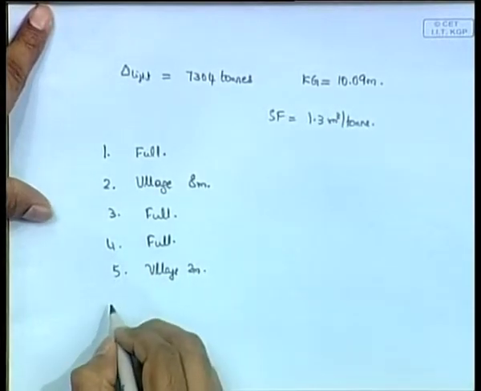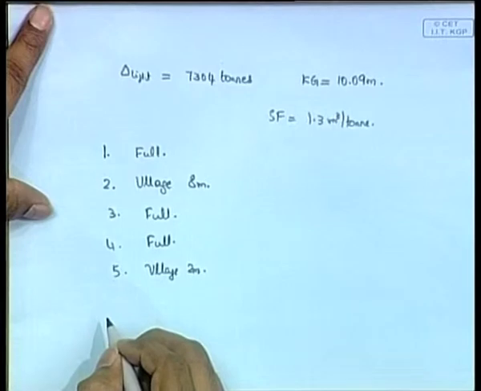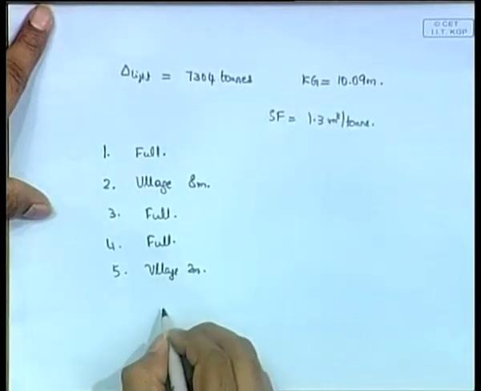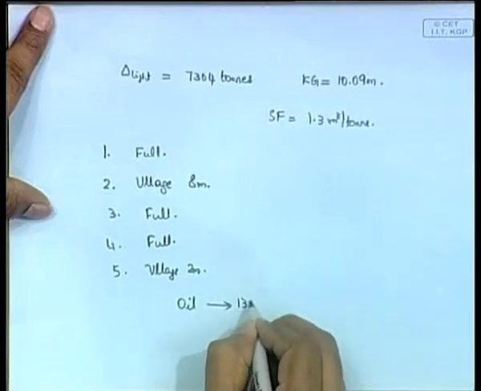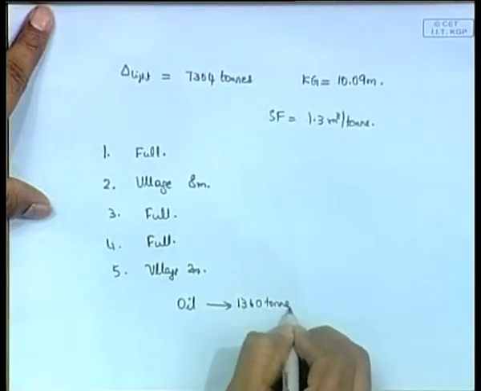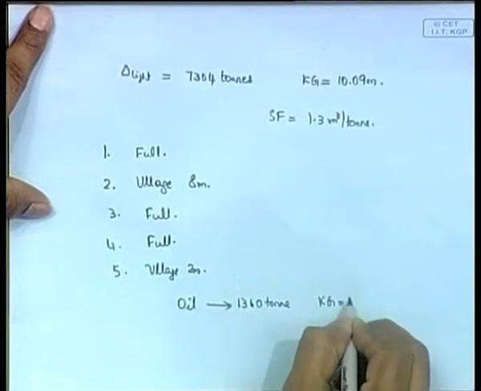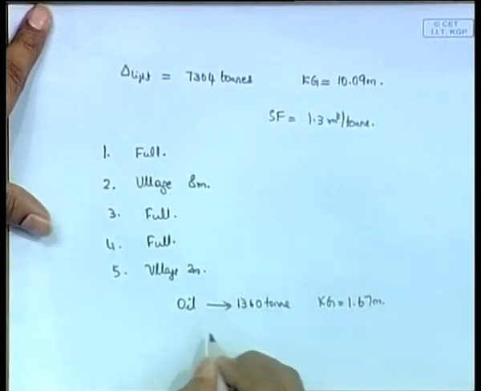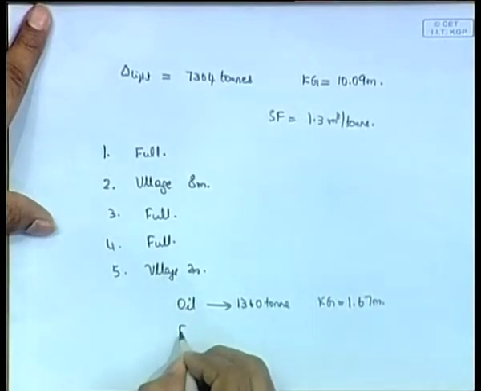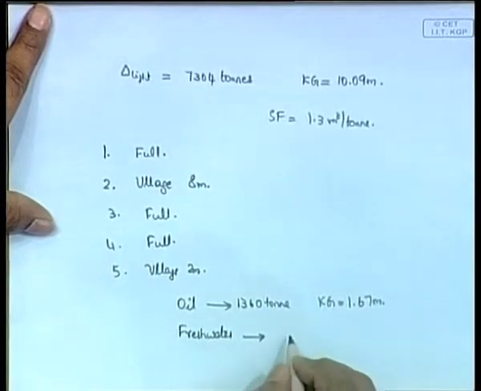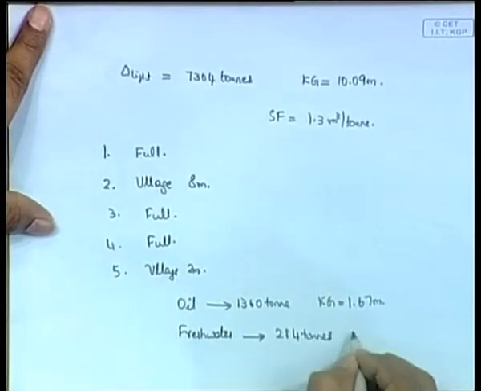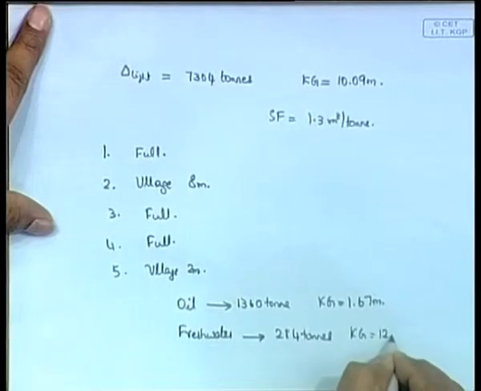Then you are going to add oil, which is 1360 tons and KG equal to 1.67 meter. Somewhere you are also adding fresh water, which has 284 tons and a KG of 12.72.